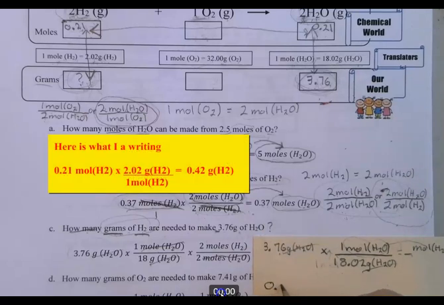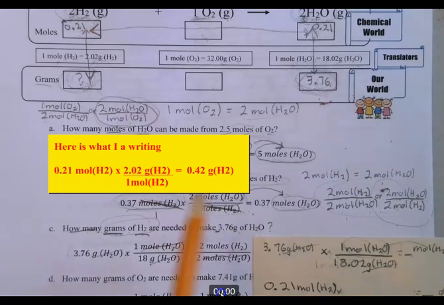So 0.21 moles of H2 times something is going to equal some number of grams of H2.